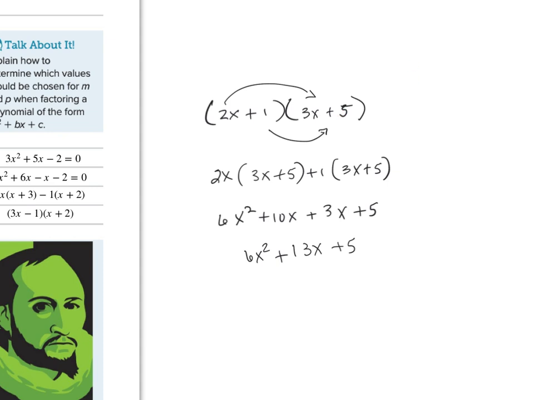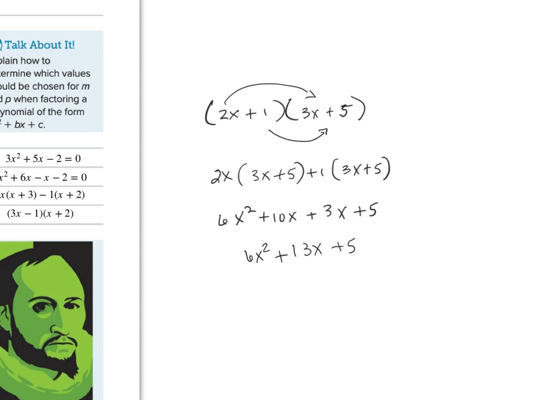There's different methods to do this, but whatever works for you. 2x times that plus 1 times that. Then you do the distributive property, and we end up with 6x squared plus 10x plus 3x plus 5. And then you combine like terms, and you end up where you have the standard form, ax squared plus bx plus c.